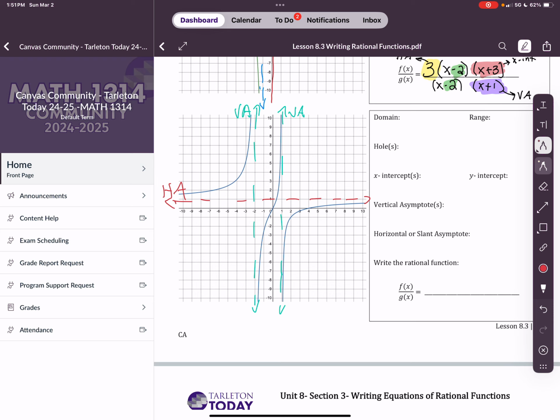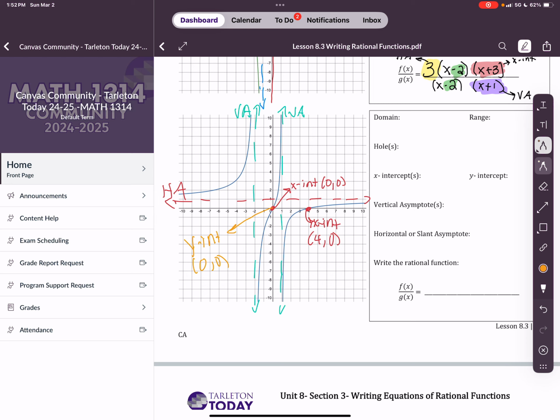The horizontal asymptote is y equals 1. I can see there's an x-intercept at (4, 0). I also have an x- and y-intercept at (0, 0). Let me do my y-intercept in a different color. The y-intercept is at (0, 0). I'm trying to think if there was anything else, but I don't think so.